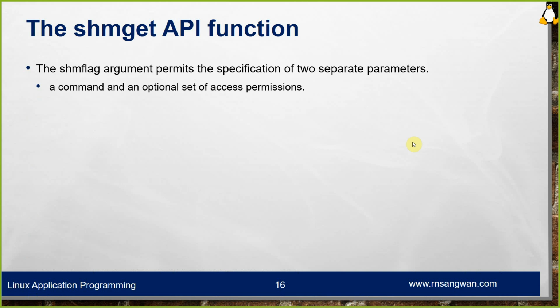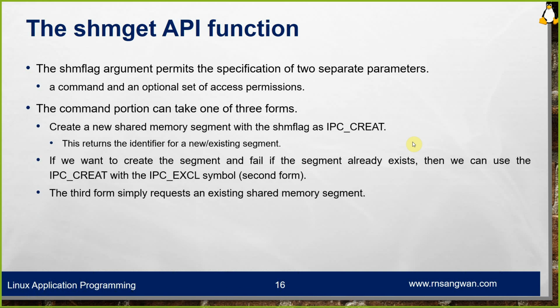Now the shmget API function's flag argument, which is the third argument, permits the specification of two separate parameters. One is a command, for example IPC_RMID, IPC_STAT, that was the command if you recollect, and an optional set of access permissions. The command option can take one of these forms.